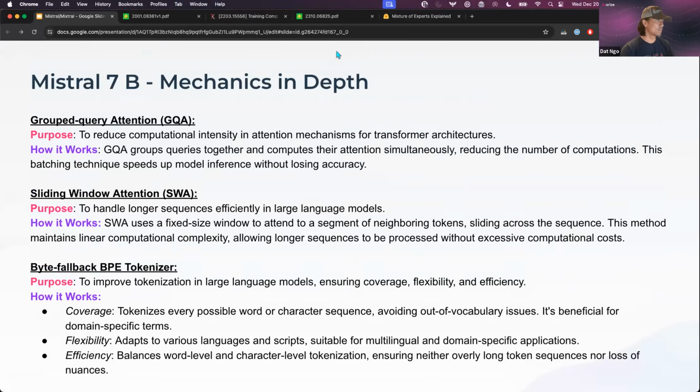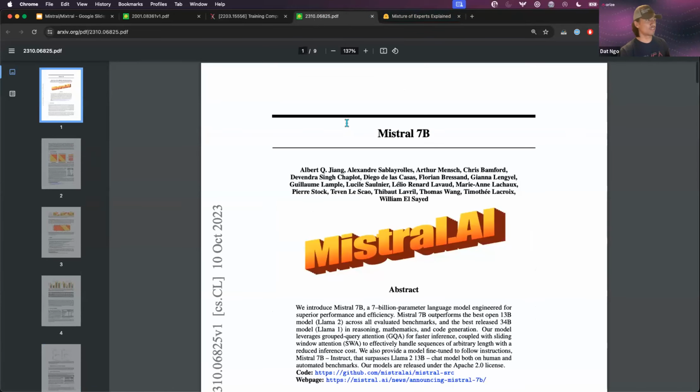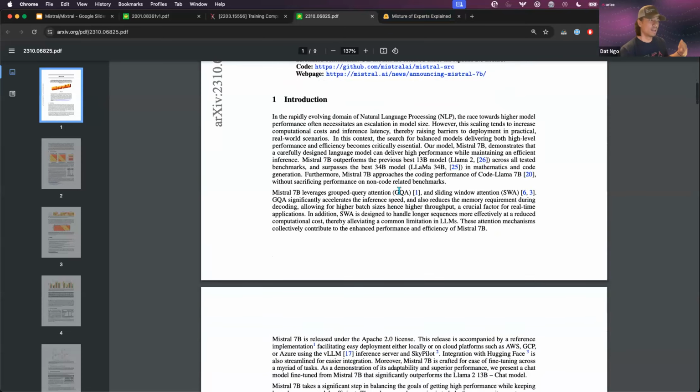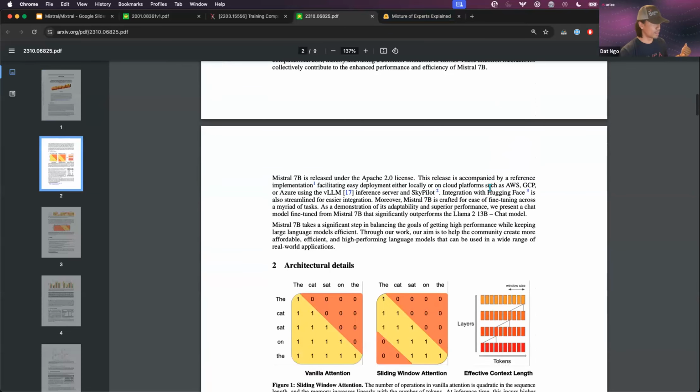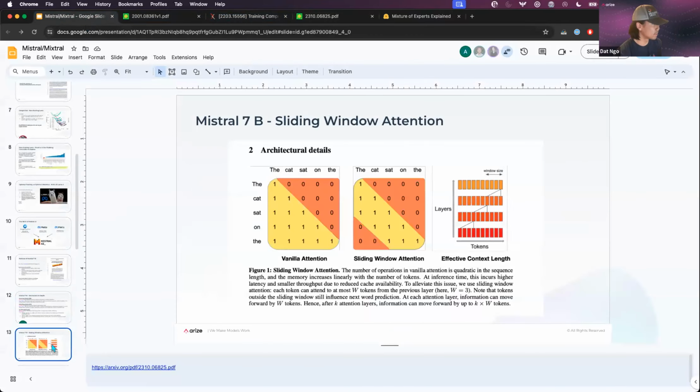Again, I'm just explaining this like a layman, but if you want to go into depth, the Mistral paper has a lot of this, and they talk about things like GQA, SWA, and also the BPE. But if we want to cover one of the items here, I think it's the sliding window attention.